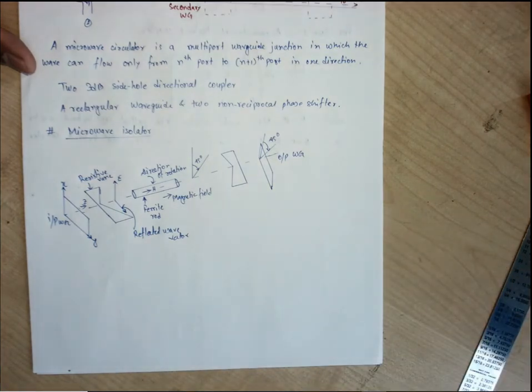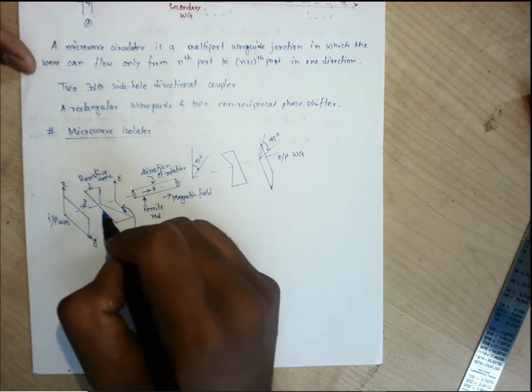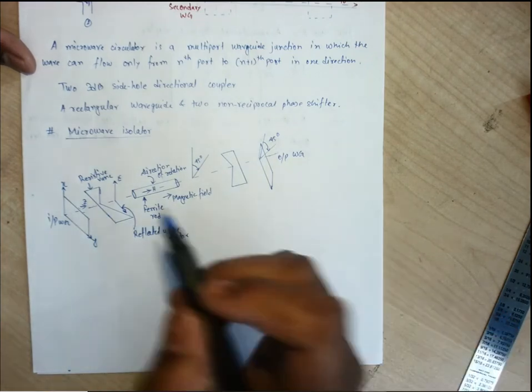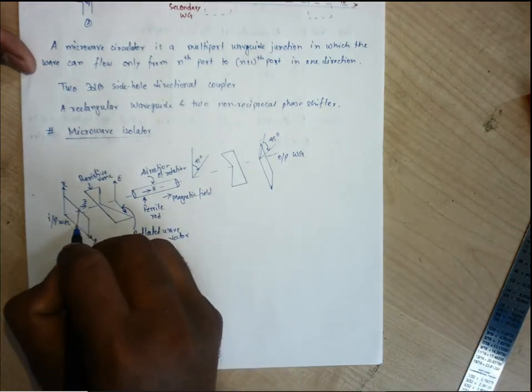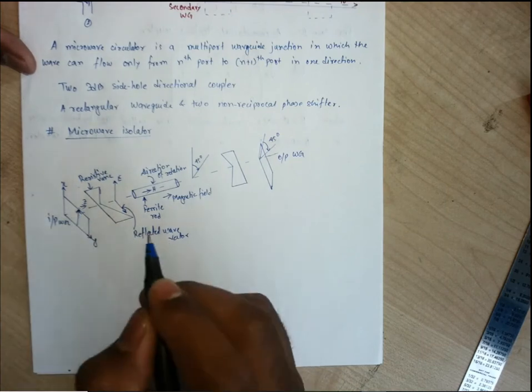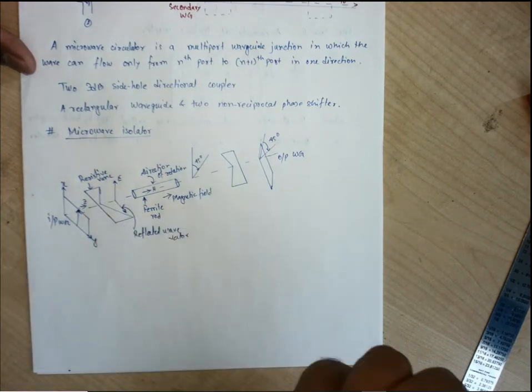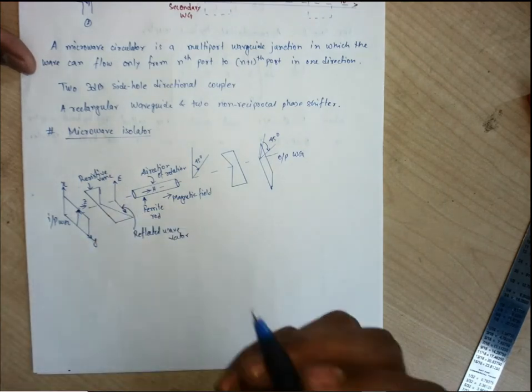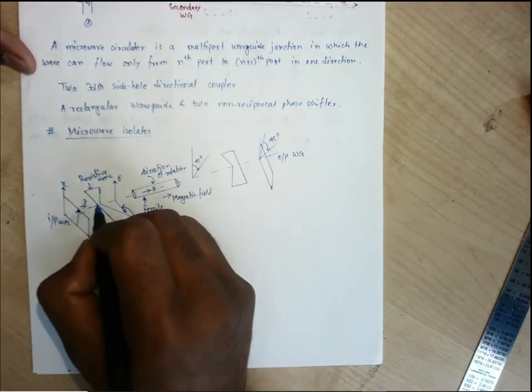Now this is the direction of the field vector, the E vector. It is propagating in the Z direction. Now this field vector is normal to this plane, so it can propagate.